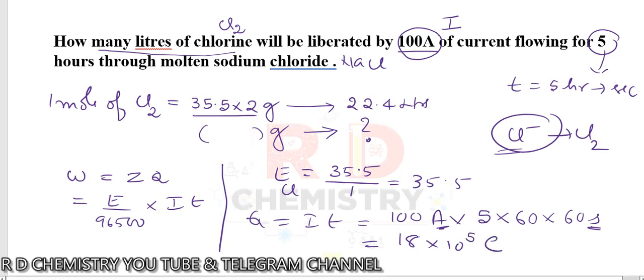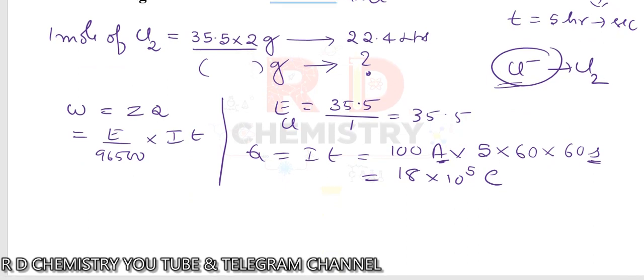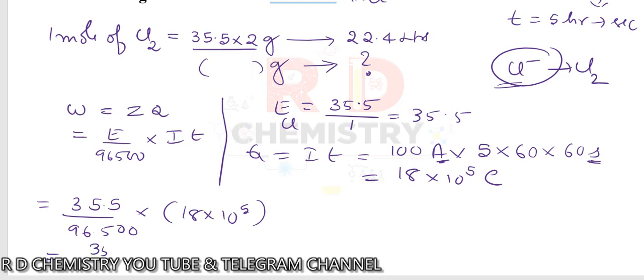Therefore, I now have E is equal to 35.5 divided by 96,500, into I into T, which is 18 into 10 power 5. On calculation, we get 35.5; removing the hundreds, it is 965 into 18 into 10 power 3.